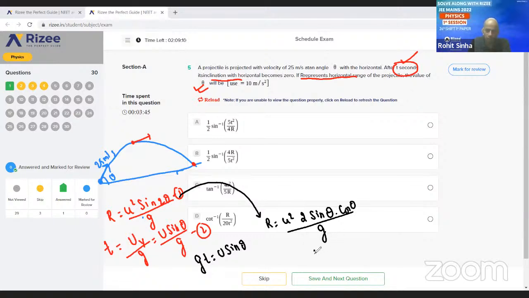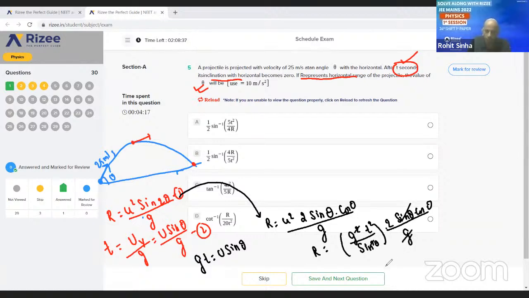We will get R is equal to g square t square by sine square theta into 2 into sine theta into cos theta. Now sine square theta, you will cut it from here, g square, g is also present here, g cut here.